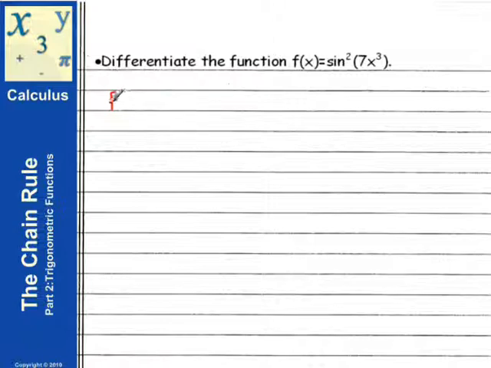But I guess the first thing I really want to realize is rewriting this function, because it's this exponent that I'm concerned about. So what we really have is the sine of 7x cubed, and that whole sine is taken to the second power.